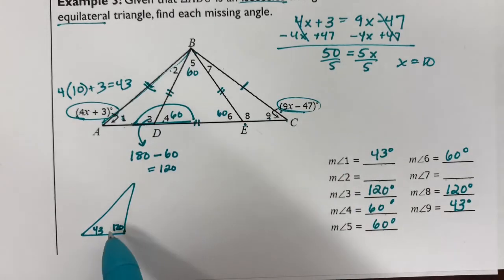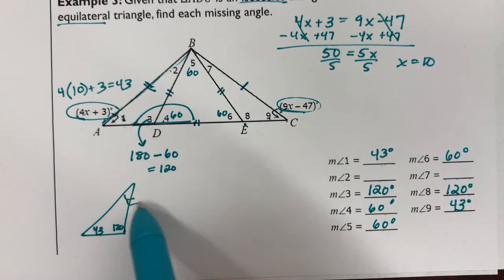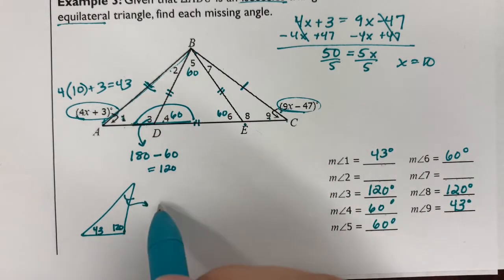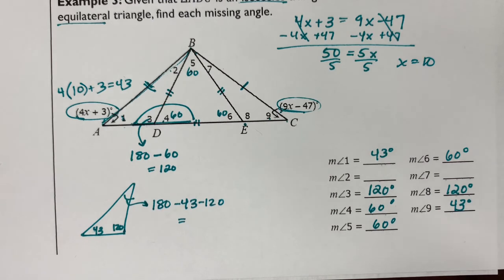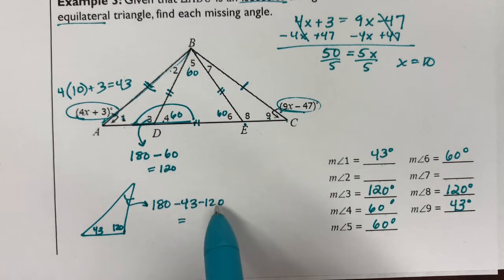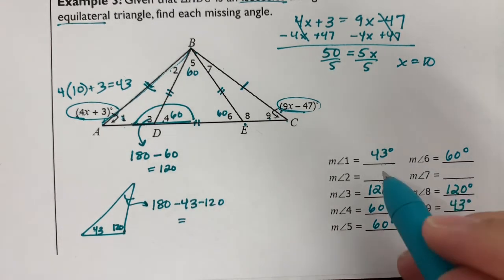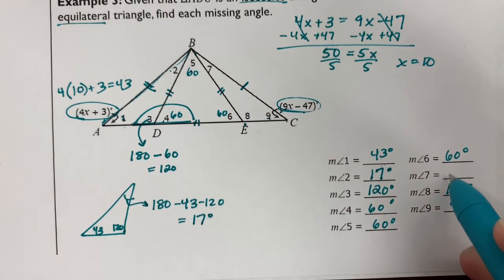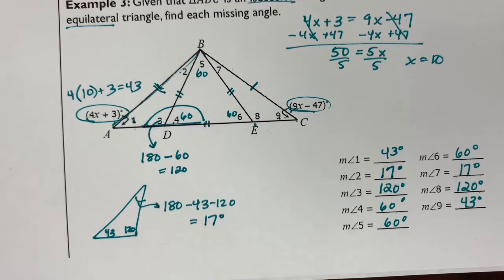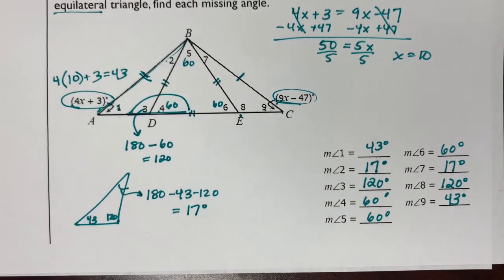So I know the measure of two angles, that third angle should be simple to find. All I have to do is subtract, get 180 minus those two angles. And then I should get, I'm trying to do it in my head, 180 minus 163 is the same thing as 17 degrees. So there are my two missing angles.